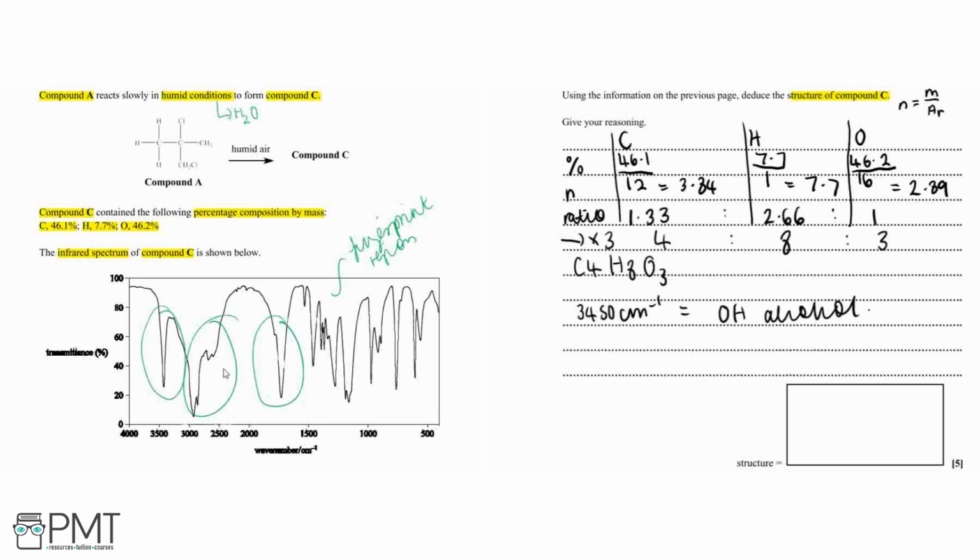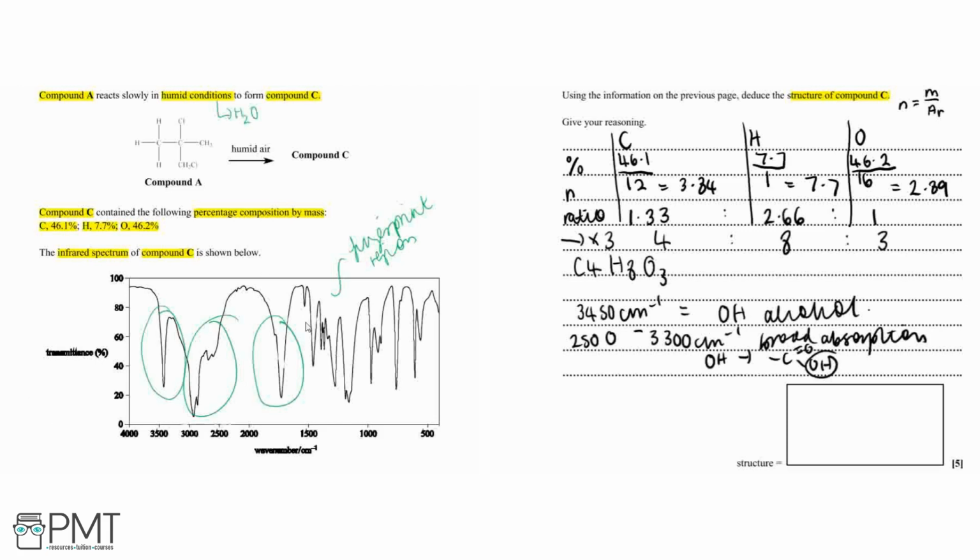We've also got this broad absorption between about 2,500 and 3,300. So this is a broad absorption, which is key. And this is going to be the absorption which belongs to the OH from a carboxylic acid functional group overall, so from this OH here instead.